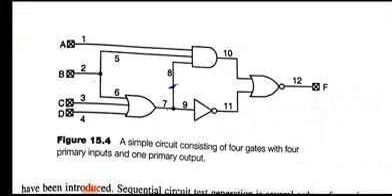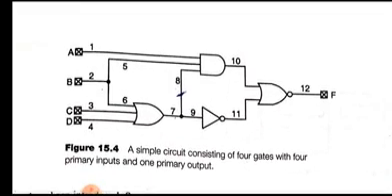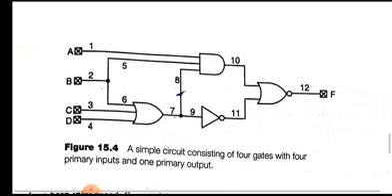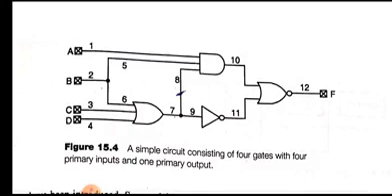Okay, so to detect any defect on line number 8, the primary inputs, that is A and B, must be set to logic 1. Because A is going to the input of the above AND gate, and B is further divided into the 5th and 6th line, and the 6th line is an input for the OR gate, and the output of the OR gate, that is line number 7, is further divided into 8 and 9. So we have to consider the 2 primary inputs, A and B, and we have to set these lines at logic 1.